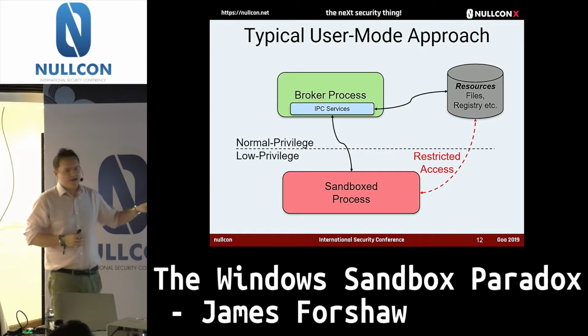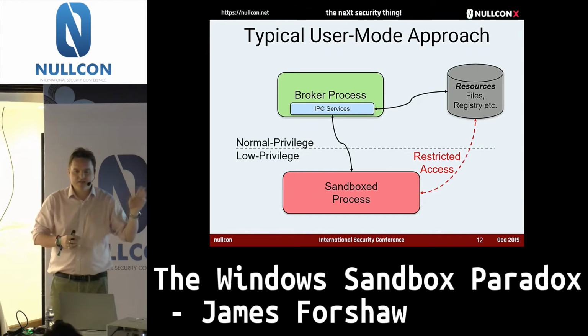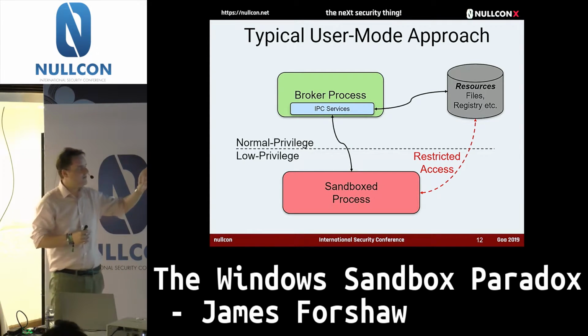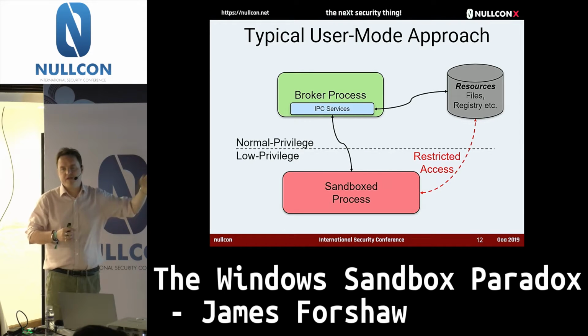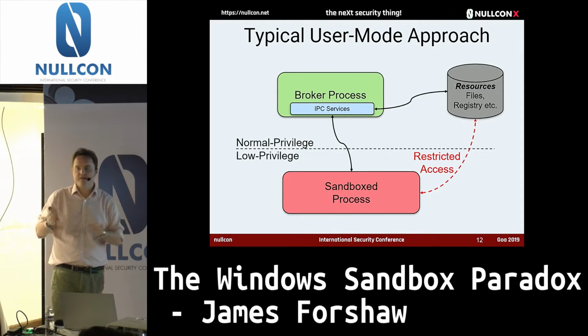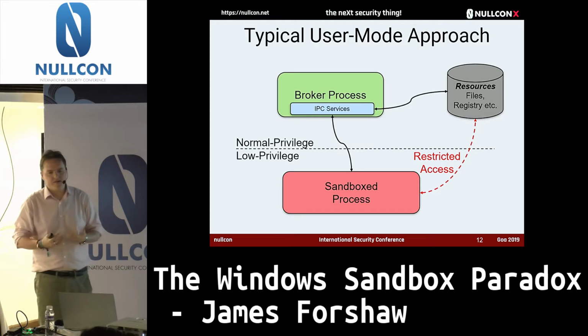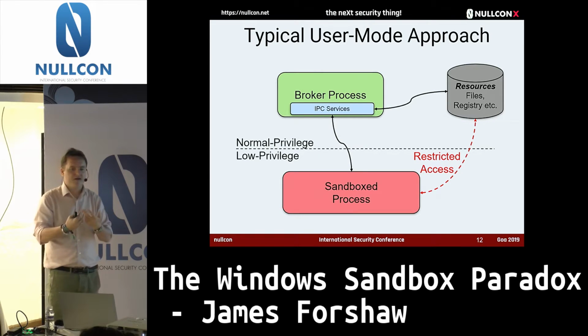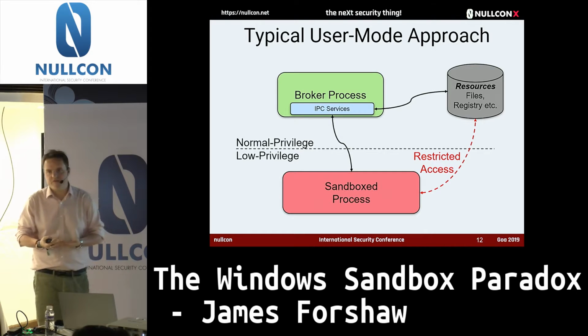But the idea here is that the sandbox process only has a restricted set of accesses to normal resources. It may only have read access to a set of resources, for example. But of course, at some point, that sandbox process may go, hey, I really need to write to this file. At which point it has to go to the broker, and the broker takes the request and says, okay, you want to access this file for write access.